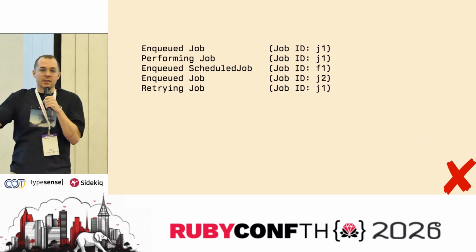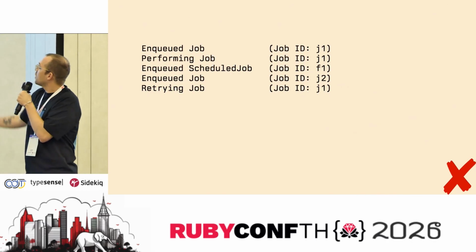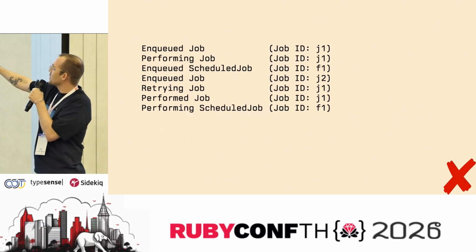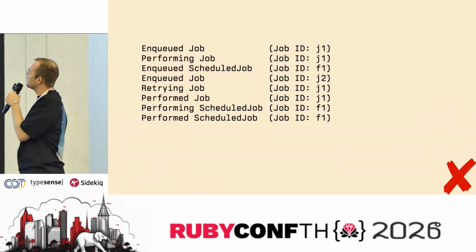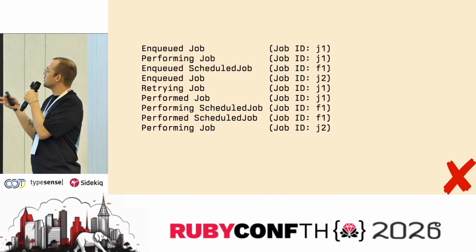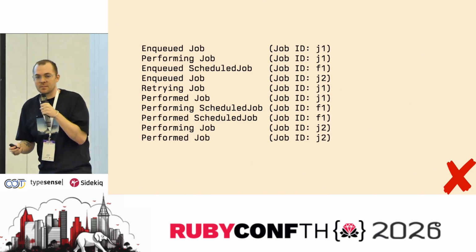This is the second execution of our original job under test. We see that we're retrying it. Okay. Now we've performed it. Now we're performing the scheduled job in the future. And now we say we have performed the future job, our scheduled job. And at the very end, performing our retry. Okay, and now it's done.